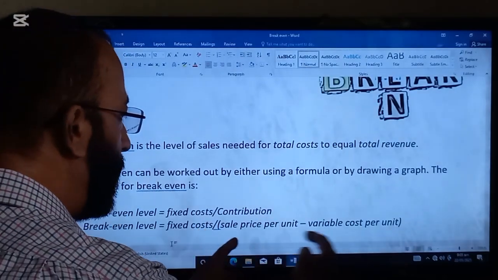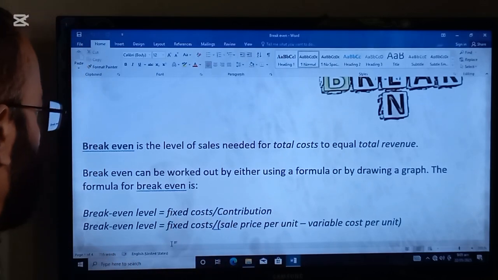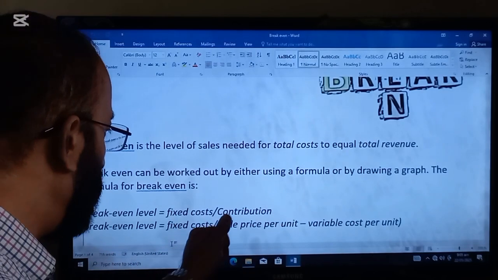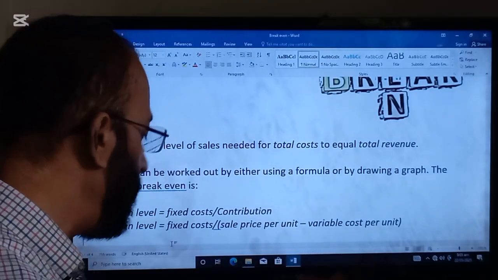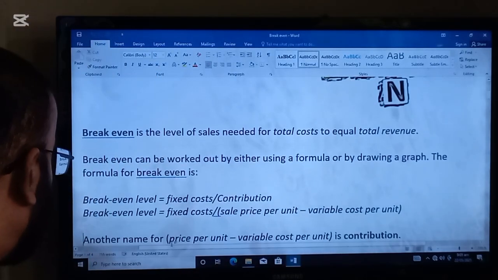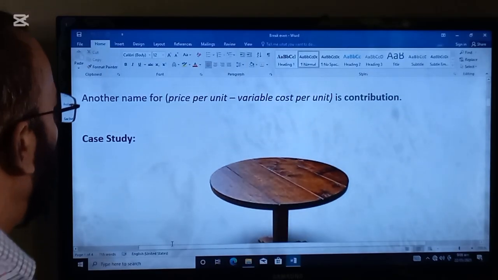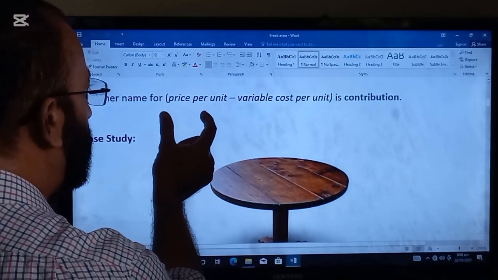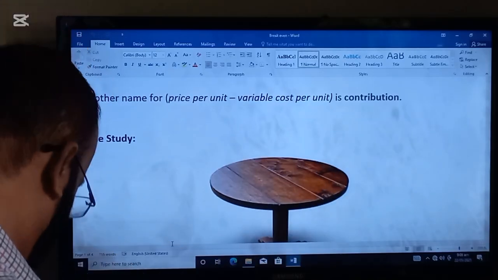So we place this formula in place of the contribution, and fixed cost will remain as it is. The formula becomes fixed cost over sale price per unit minus variable cost per unit. Another name for sale price per unit minus variable cost per unit is contribution.